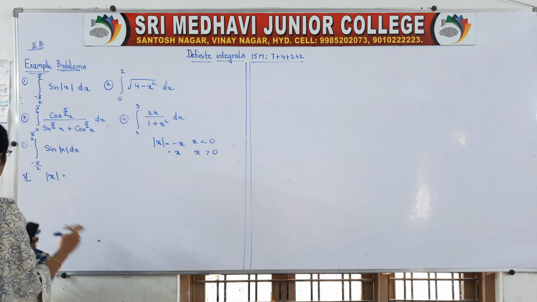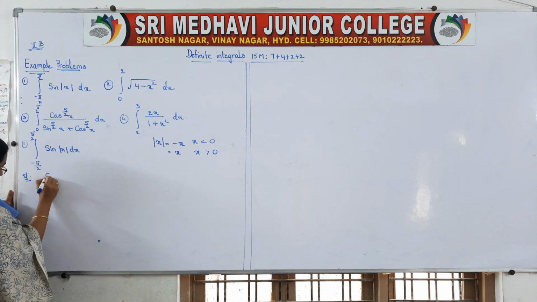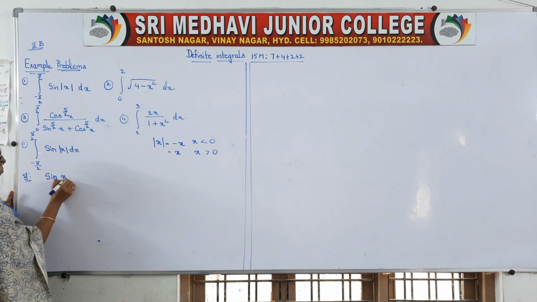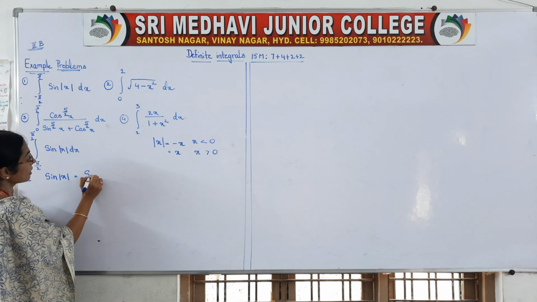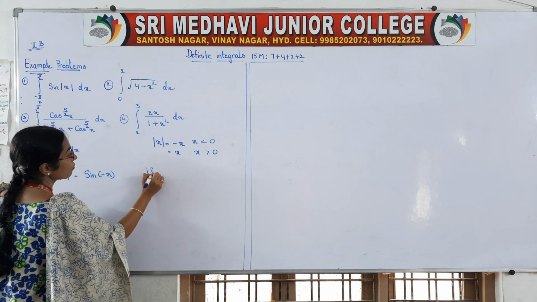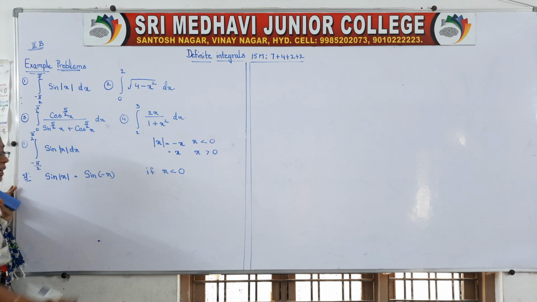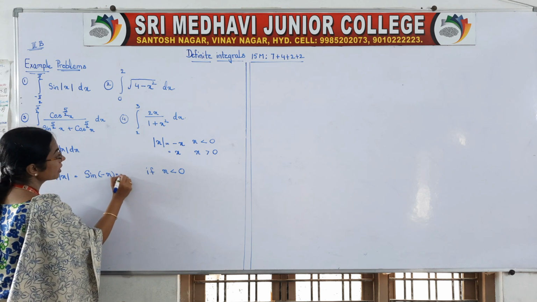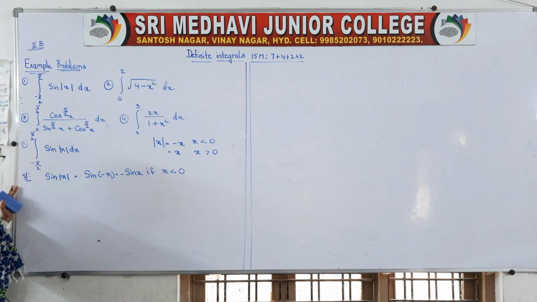Okay, so that's why here we will take directly sine mod x value, right? Sine mod x is equal to sine of minus x if x is less than 0, and sine of minus theta is minus sine theta, so minus sine x.